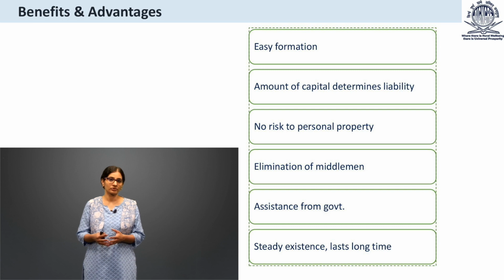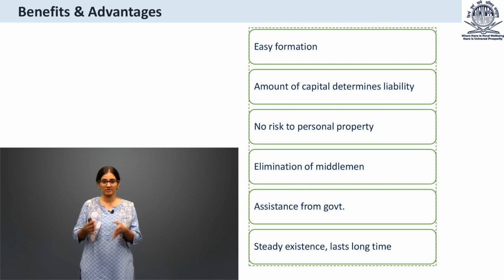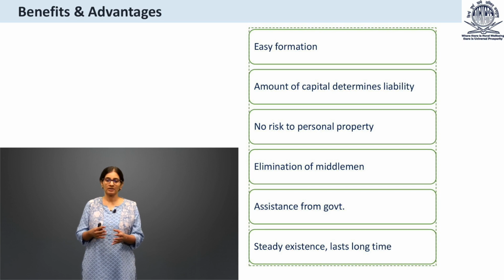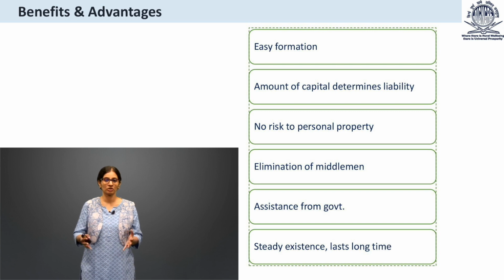A cooperative society also has a steady existence and it lasts for a long time. Its continued existence is not affected by financial losses or exit of any of its members or other factors. Moreover, cooperatives provide agricultural credits and funds where state and private sectors have not been able to do as much.